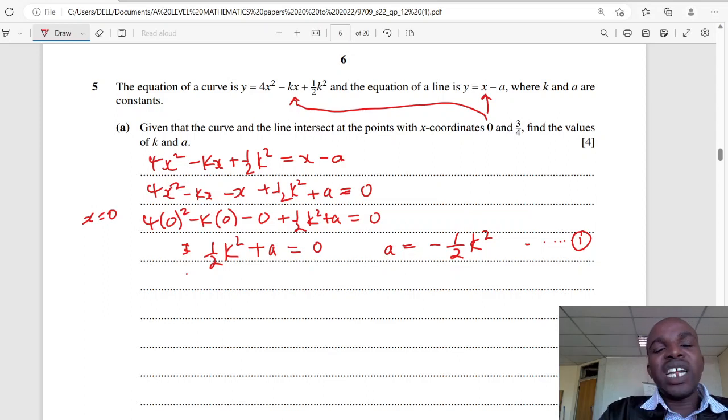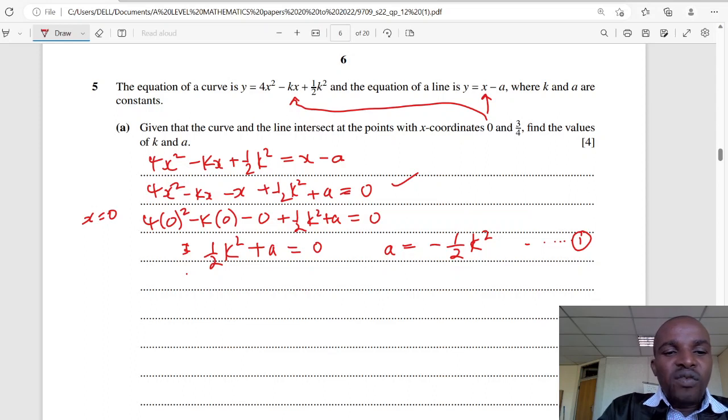Then to find another equation, you can put x0 in both. Here you get y is equal to minus a, and here you can put x0. Still you get the same item. Now let's put x equals 3 over 4 in this our equation, because it satisfies this equation too, because the line and the curve intersect at the points where the x coordinates are these ones, right?